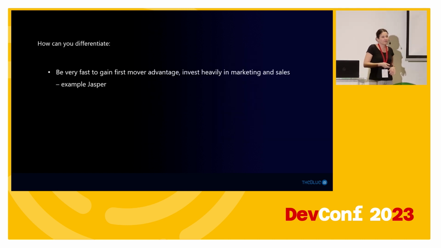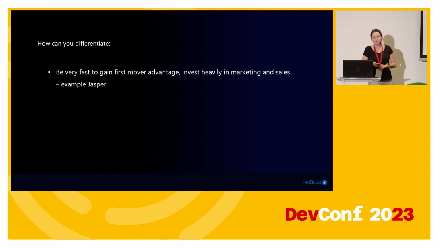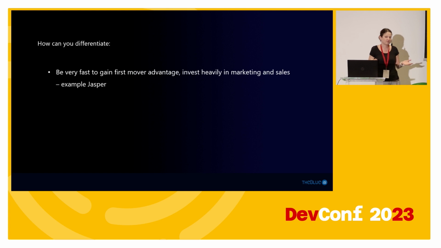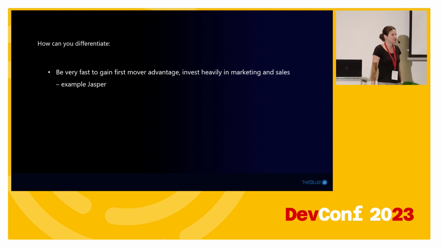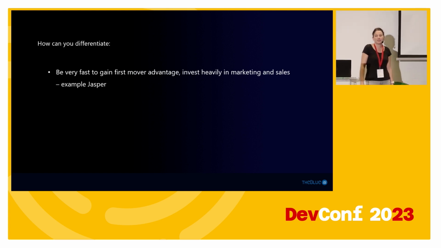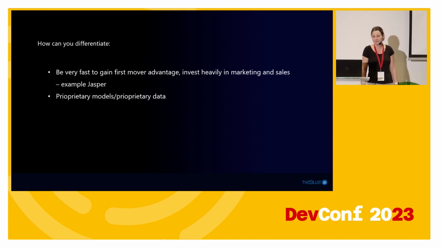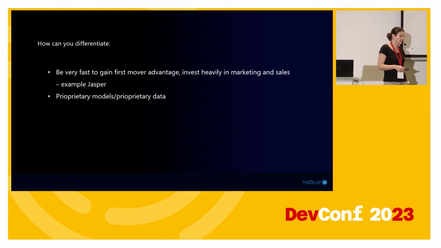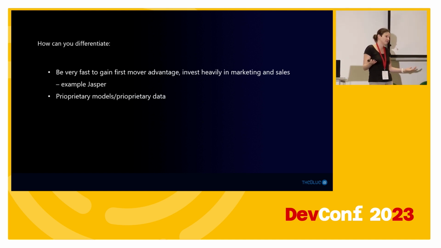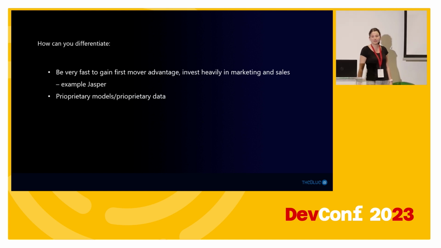So what are the different approaches that we can follow in here? So what did Jasper do? They had the first mover advantage, so they were the first ones to come up with that. They invested heavily in marketing and sales, so this is a little bit less interesting from the purely technical perspective, but it is also working. You can use proprietary models, so maybe for some time it will give you the advantage, but there is always the risk that someone will come up with a better model, and then maybe your advantage will be lost.